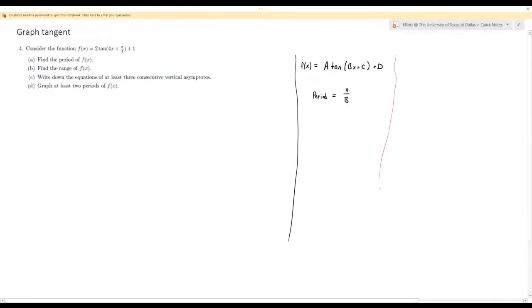Sorry, isn't it 2 pi over b? Yeah, okay. So it is 2 pi over b for the other trig functions, for instance if you have sine or cosine.